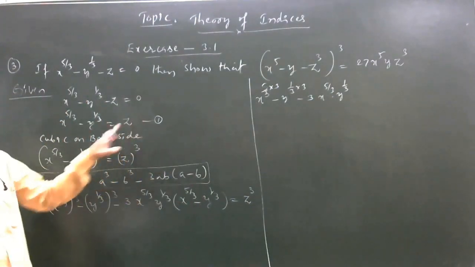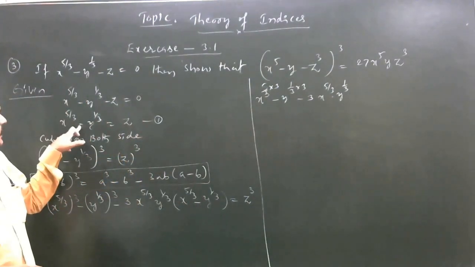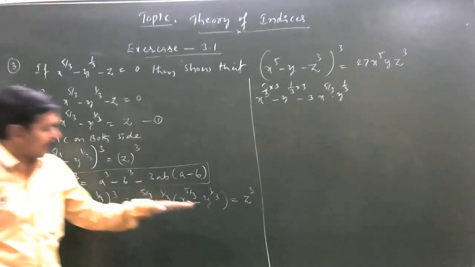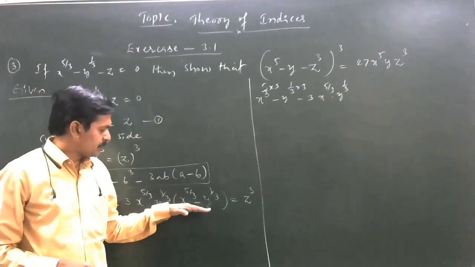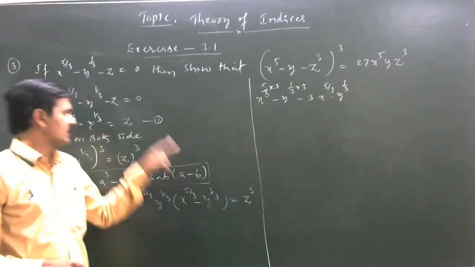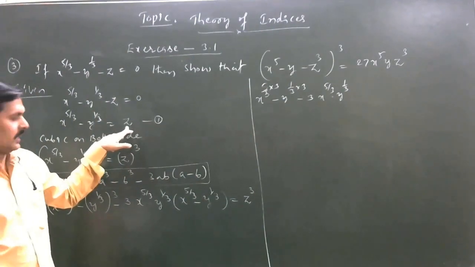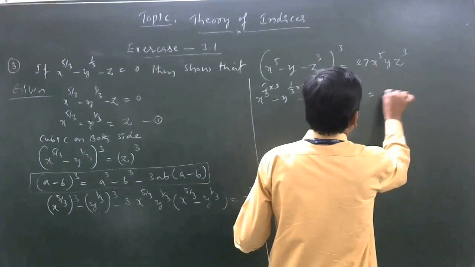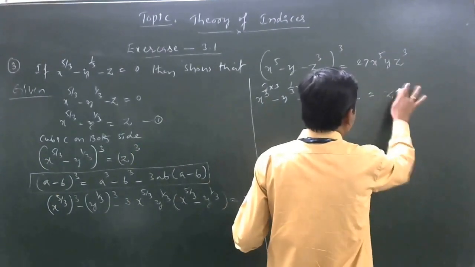From equation 1, x power 5 by 3 minus y power 1 by 3 is equal to z. Replacing it, the whole thing is equal to z cube.